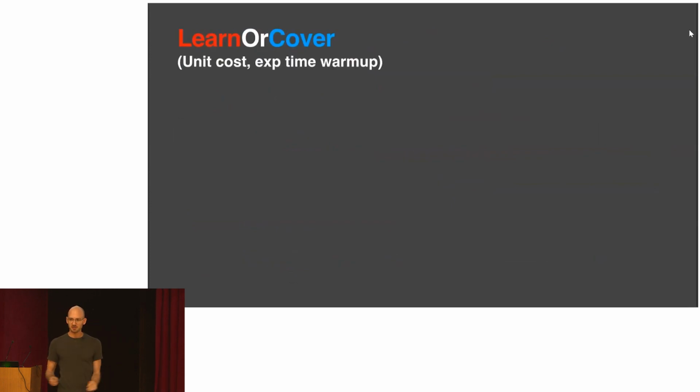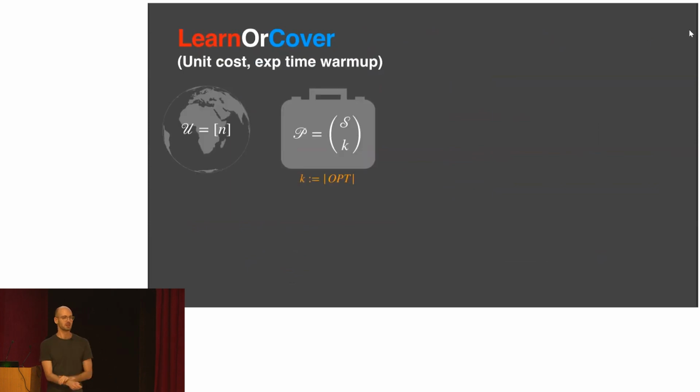So here's the exponential time warm-up. For this talk, we're always in the unit cost setting, so every set costs 1, just to be clear. Here's the algorithm. We're going to imagine we have two things in our head: the universe U, and something I'm calling the portfolio, script P. The universe is the elements that I have yet to cover, the uncovered elements, and the portfolio is initially script S, which is all the sets, choose K. So it's all K-tuples of sets, and K is a guess for opt.